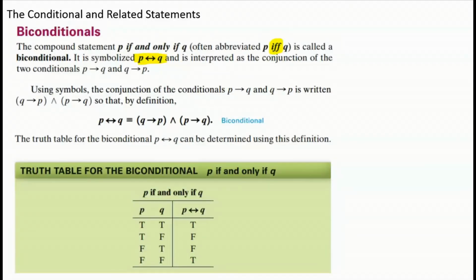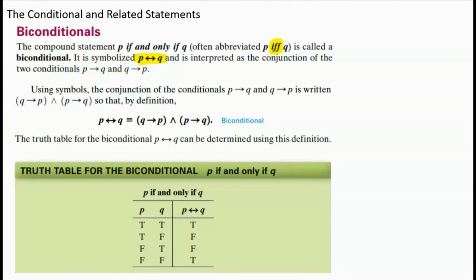With a regular conditional statement, if P, then Q, the direction matters. You have to know which one's first. But now you read it both ways. Wow, my pen is just not working. I'm trying real hard to highlight, and it won't.